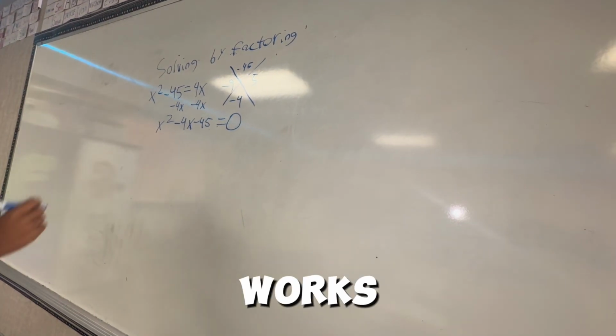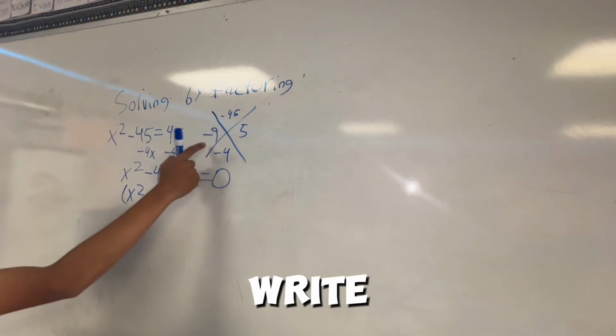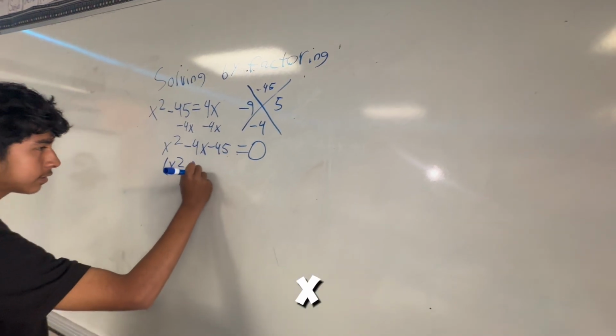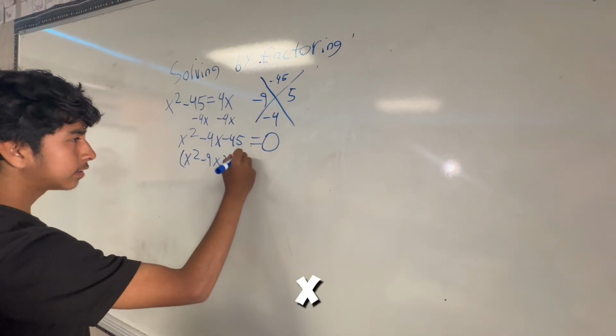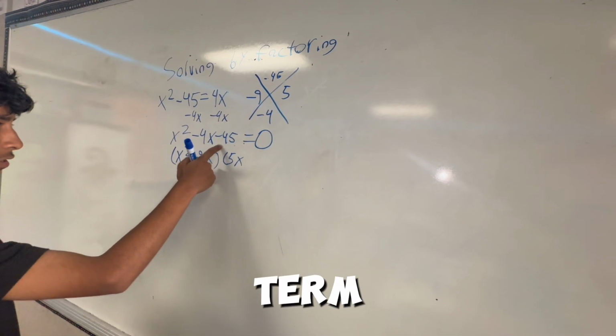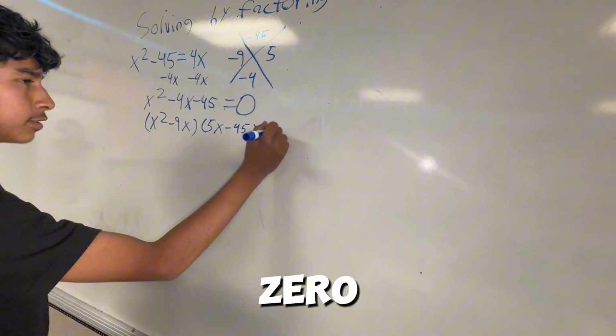That works. So remember, you're going to split the term. So bring down the x squared, and then write -9x, and the new term, and then 5x, and then bring down the c term, which was -45. And that will equal 0, of course.